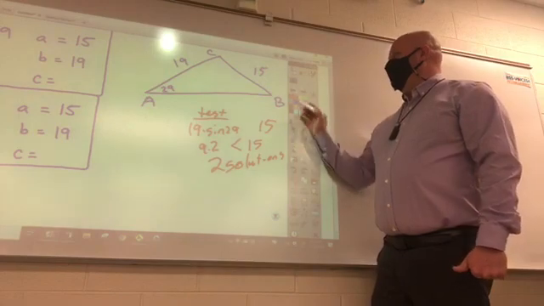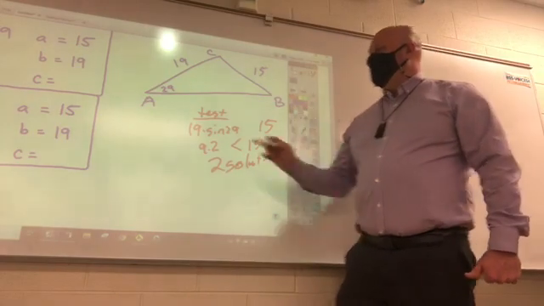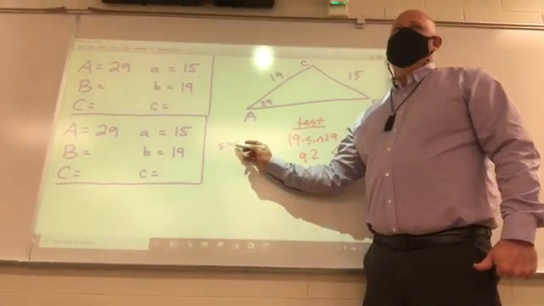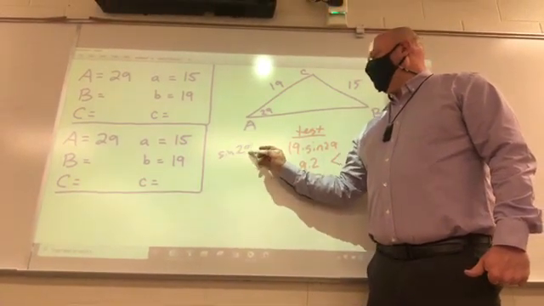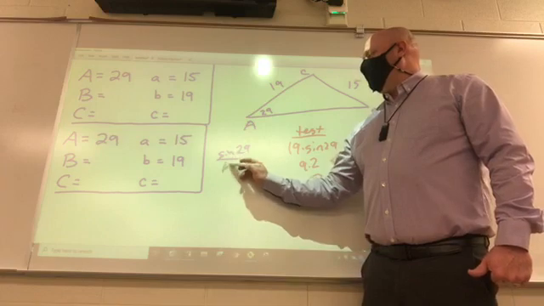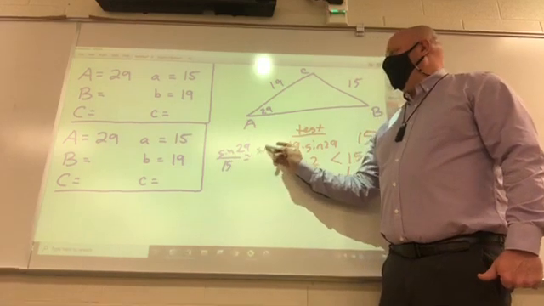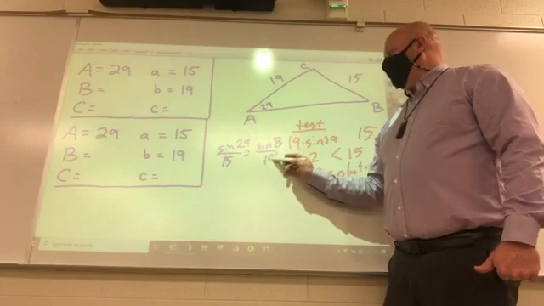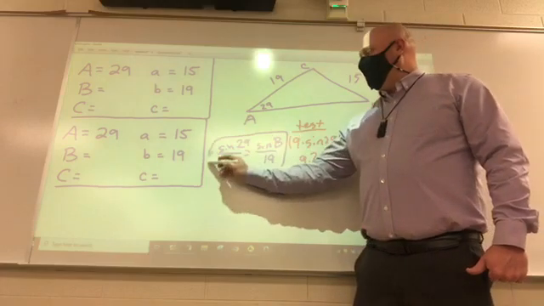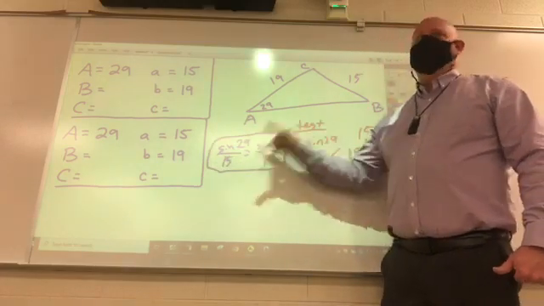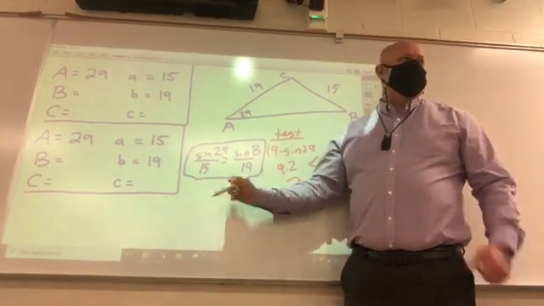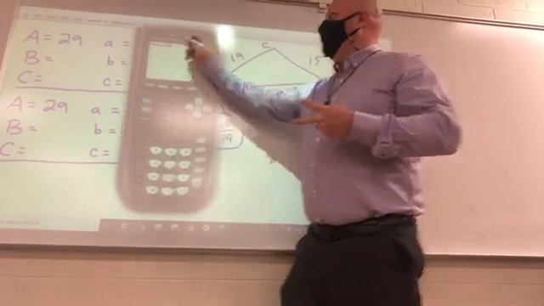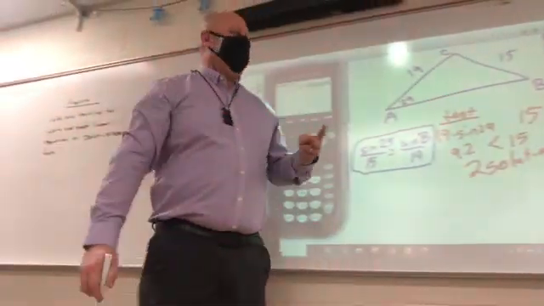What's my first proportion? Sine of 29 goes with 15, as the sine of B goes with 19. How many answers are there to this proportion? 2. Remember, it's going to be 2 as soon as you do the inverse sine.